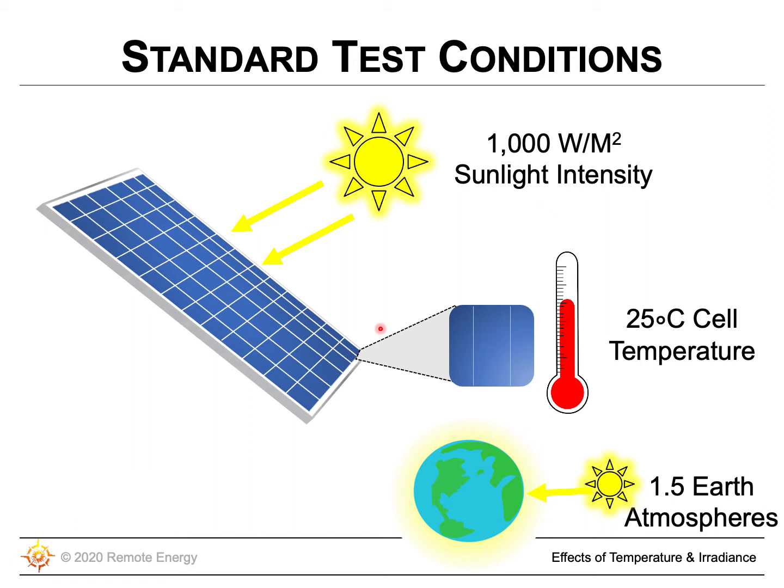But since this is nothing that we can change as an installer and it doesn't change for us throughout the day and throughout the seasons, we do not talk about that very much in this class. So that's the only place you're going to see that standard test condition. But these are the three things that are fixed at the lab and in which the module manufacturers obtain the electrical characteristics.